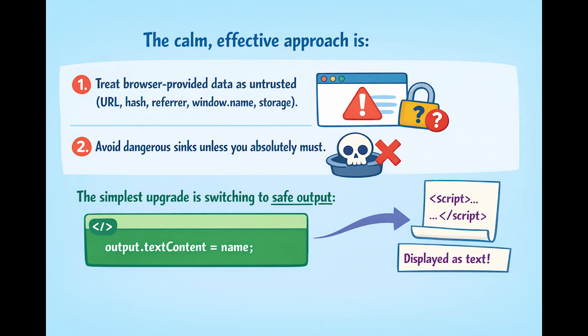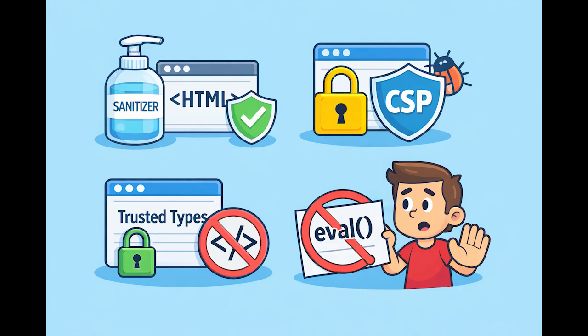Now a script tag is displayed as text, not executed. Other good layers are: use a real sanitizer if you must render HTML, use CSP to reduce damage if something slips through, use Trusted Types when available to block risky DOM injections by default, and please don't use eval on anything you didn't generate yourself.